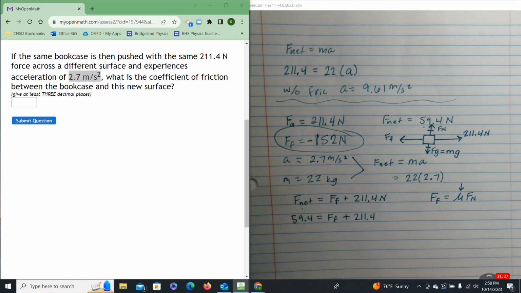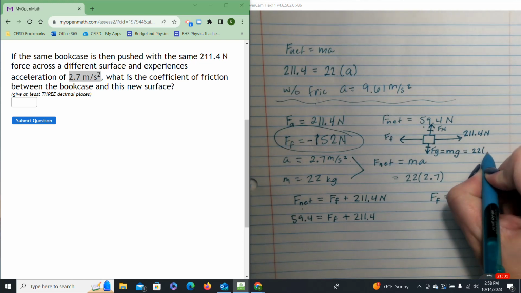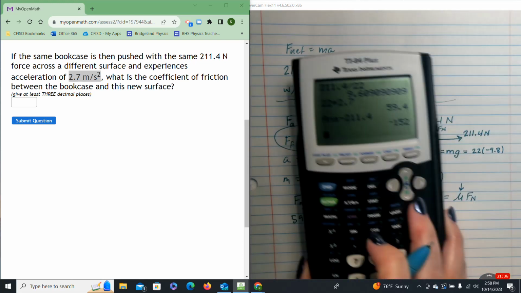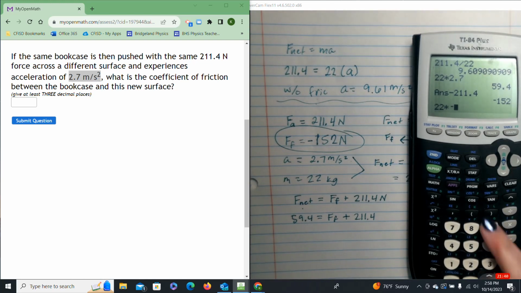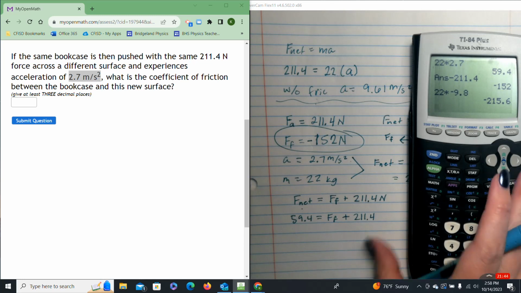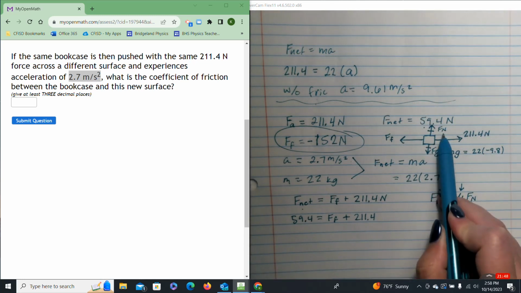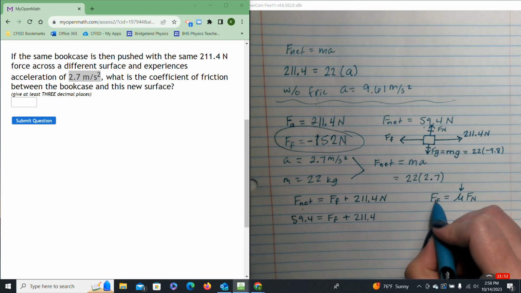Fg is equal to m times g, which means it is equal to 22 times negative 9.8, which is negative 215.6. And so negative 215.6 is Fg. Fn is positive 215.6 because it's in the positive direction.